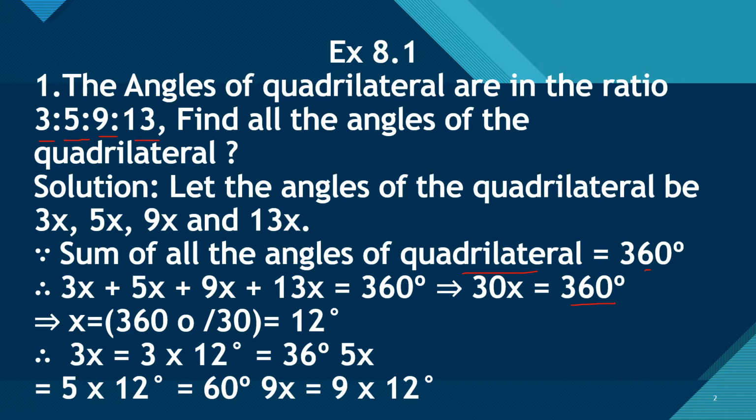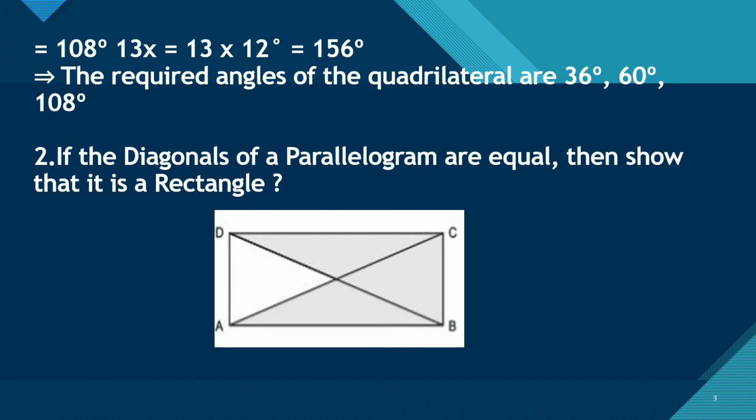Therefore, 3x equals 3 into 12 degrees, which is equal to 36 degrees. 5x equals 5 into 12 degrees, which equals 60 degrees. 9x equals 9 into 12 degrees, which is equal to 108 degrees. 13x equals 13 into 12 degrees, which is equal to 156 degrees. The required angles of the quadrilateral are 36 degrees, 60 degrees, 108 degrees and 156 degrees.